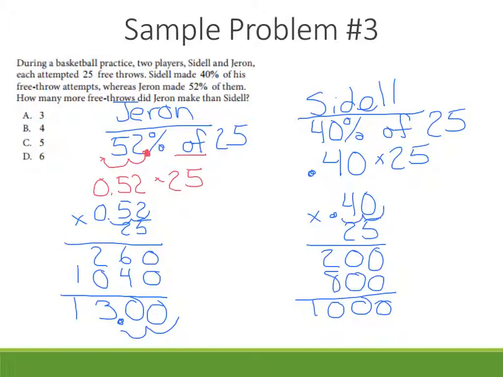Move 2 spaces in, 2 spaces in down here. He made 10. But remember, the question asked how many more free throws did Jaron make than Sidel? To do that, we're going to find the difference of these two, 13 minus 10, or 3. So A over here is going to be our correct answer.